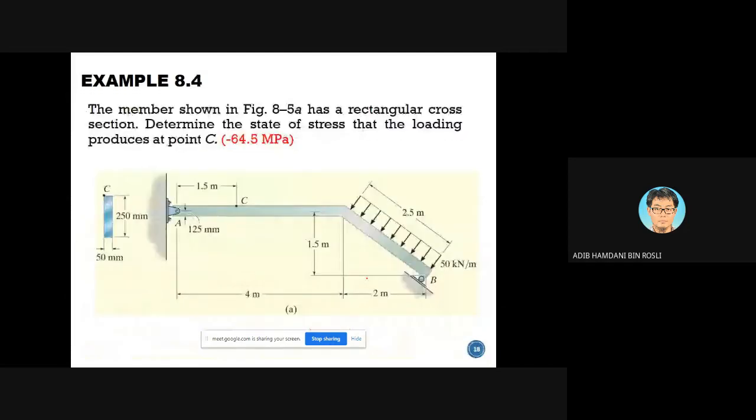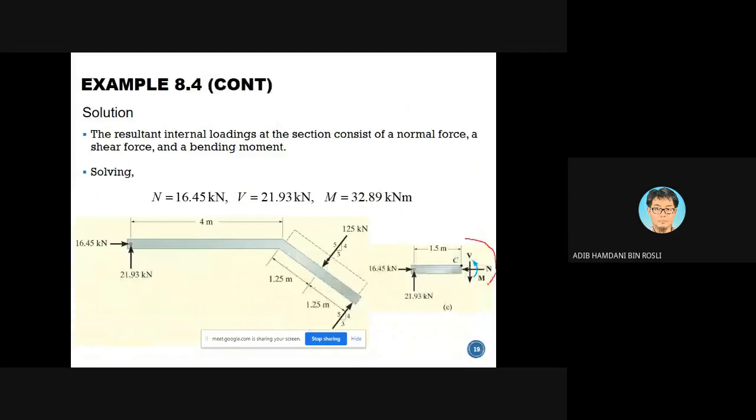Now here you have more internal loadings. If you cut at C, you have axial, or normal force, whatever name you prefer. You have internal bending moment M as well, and you have this transverse shear. So now you have three internal loadings.